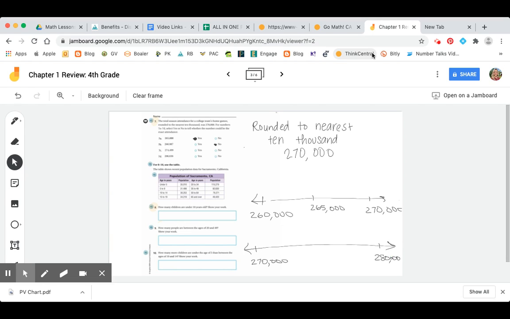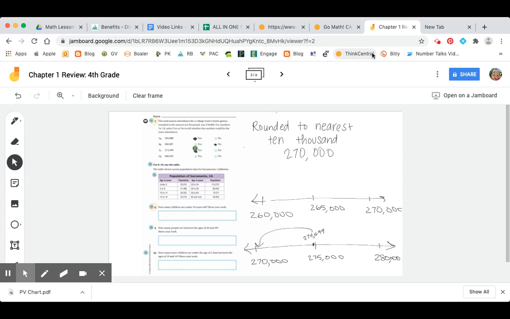There we go. Okay, midpoint, 275,000. All right, 274,499 would go practically touching that one right there, right? 274,499 would round there. So that's a yes.